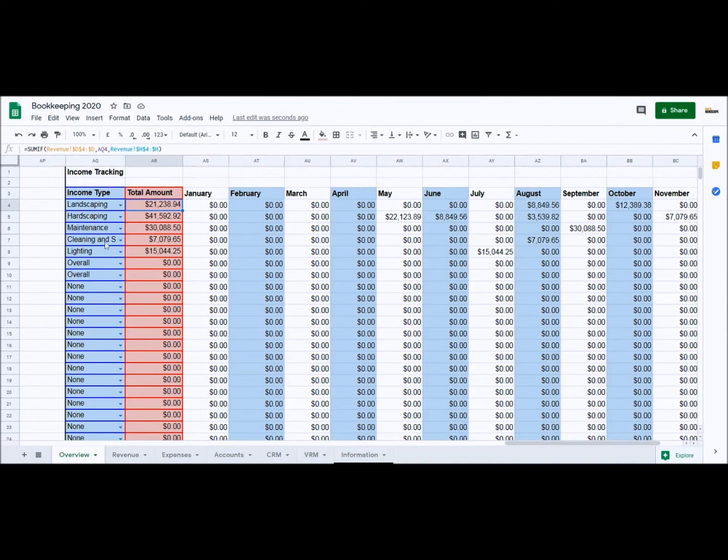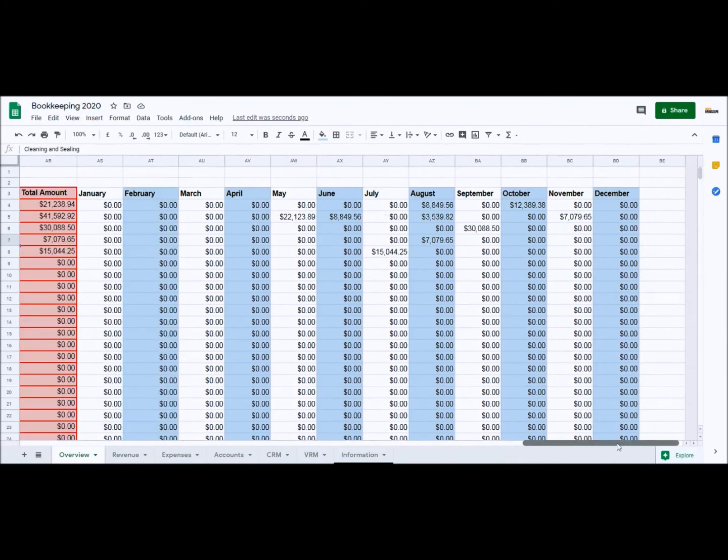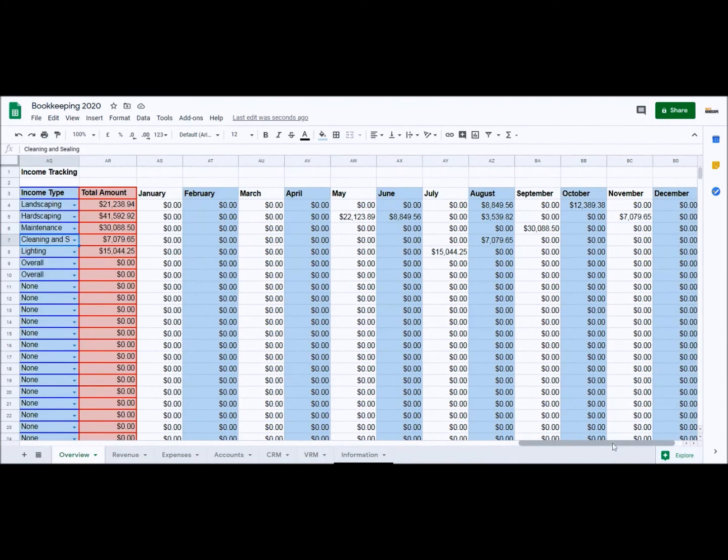And it helps you identify, maybe the cleaning and sealing business is not bringing in a lot of money at the end of the year, and it's not worth us being able to offer this. Maybe it's better to subcontract this out. It really helps you to see where your money is coming in and where the best way in your business to double down on a service and to make that better in your business.